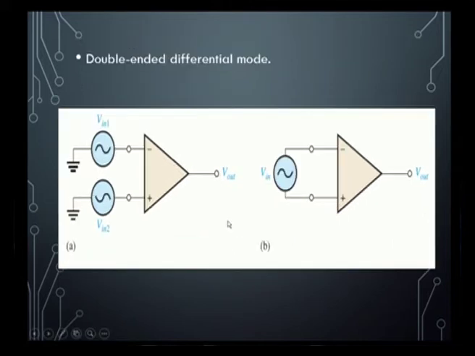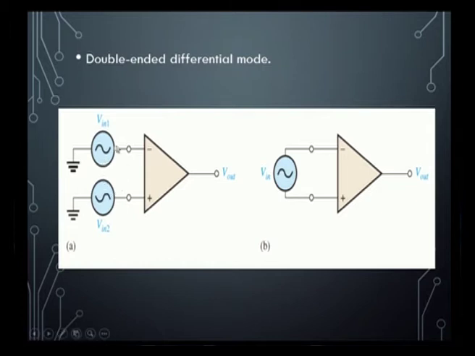Next, the double ended differential mode. In the double ended differential mode, the name says double. So, we are going to give a double supply for two terminals having opposite polarities. We can observe Vin1 and Vin2 have different polarities, and these two voltages are fed to two different terminals. That is why it is called double ended differential mode.